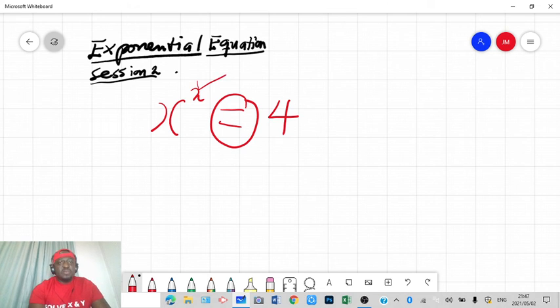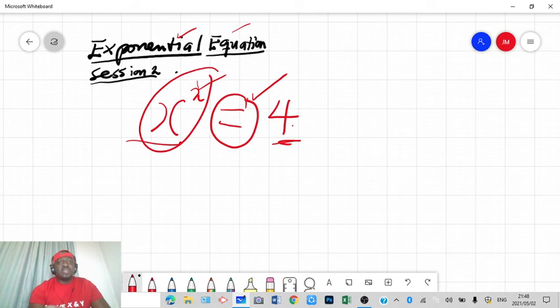There is an exponent here, equal sign, and a number related. Obviously, this question can be expanded in different forms in many ways, but what you need to realize is there's an exponent, there's an equal sign, and there is a number. Hence, we have an exponential equation.